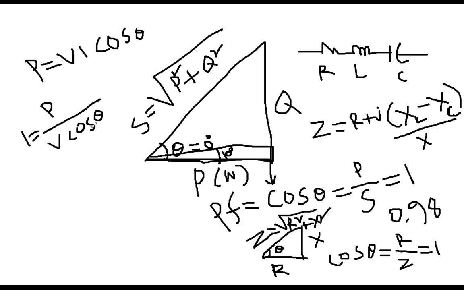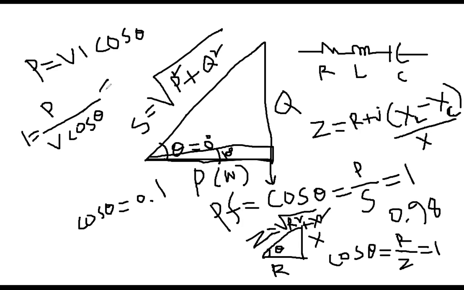Now, what is the impact of power factor on the system? This power factor is related to the Q, as I was calculating the theta. For example, say your cos theta value is 0.1, just an example.